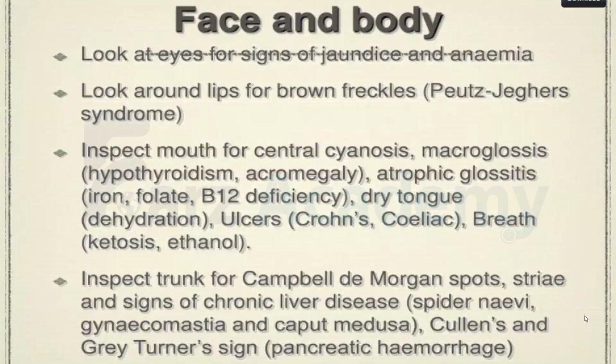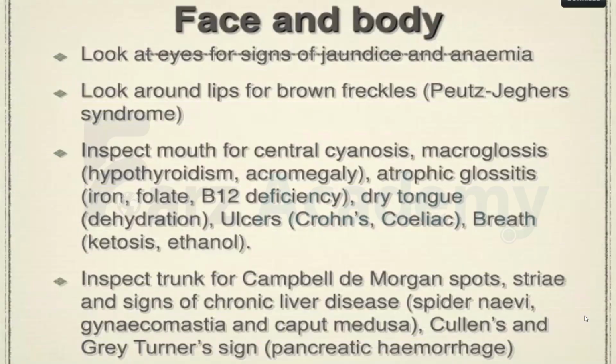Next, in the face and the body, you look at the eyes for signs of jaundice and anemia. At our point of time, we used to press down upon the skin, pull the skin to find out jaundice and anemia. These days, we ask the patient to look up and pull their skin to see the palpebral conjunctiva.